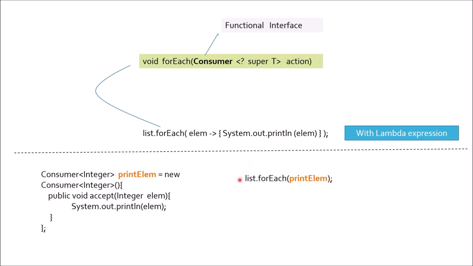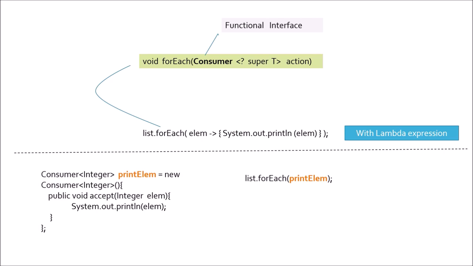So instead of this, for any functional interface implementation in list.forEach, we can do that easily with a lambda expression. We can directly write list.forEach(element -> System.out.println(element)).